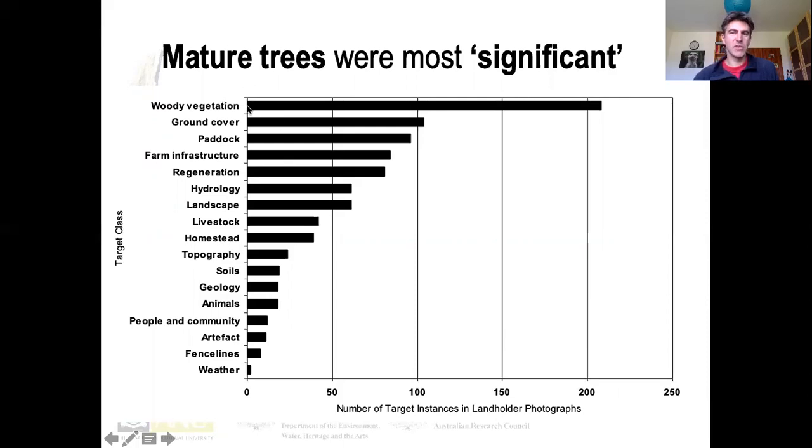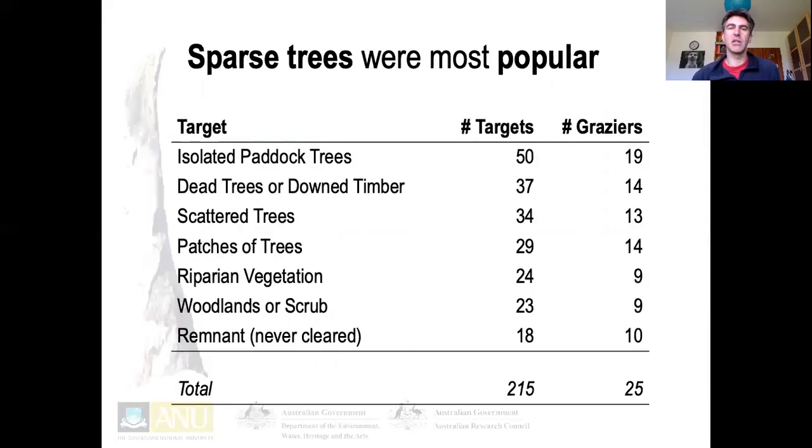They were attached to woody vegetation according to their photo choices, much more so than to, say, homesteads or animals or soils or whatever. Most of the photos taken of significant features on their farms were actually of trees. And mostly people took pictures of isolated paddock trees, disproportionately so.